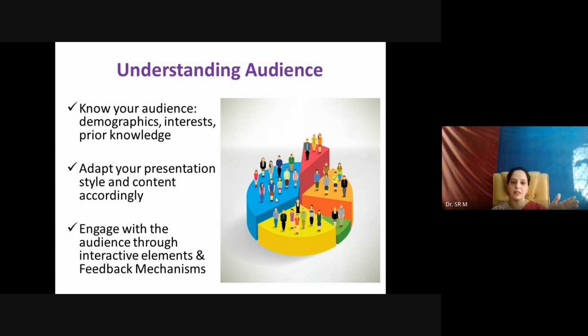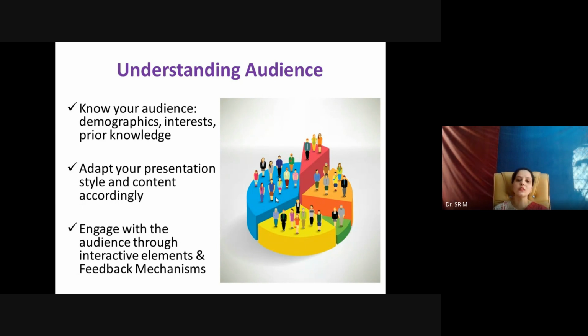On the contrary, if our audience are advanced learners, now we will delve into the intricacies of, say, biogeochemical cycles. We can even focus on the nitrogen cycle's role. What is its role in the ecosystem dynamics? And what are its implications on sustainable agriculture? This is how we customize the content for the beginners as well as for the advanced learners.